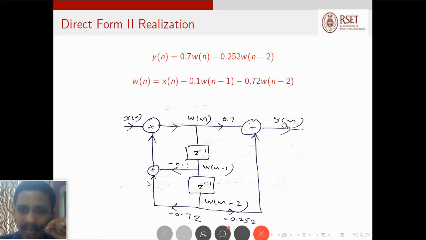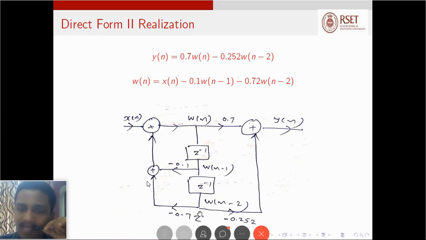Similarly, the y of n will look like this. The y of n is equal to 0.7 w of n minus 0.252 w of n minus 2. Here you can see that the term with w of n minus 1 is not available, so there is no need to add w of n minus 1 here. If it is available, you can include that term also.